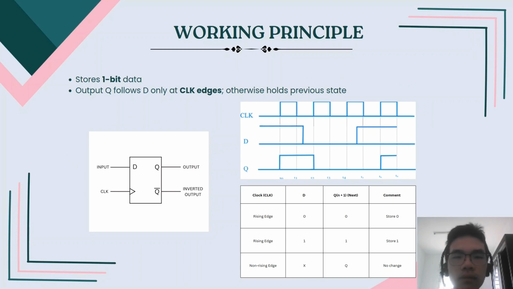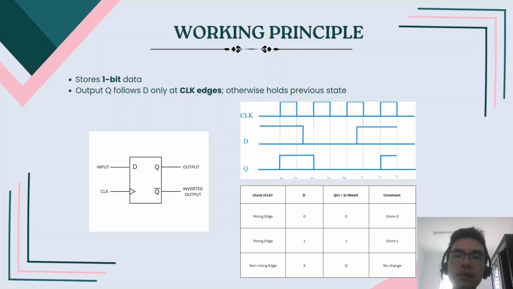A D flip-flop stores one bit of data and updates its output only on the rising edge of the clock signal. So at the rising clock edge, the D input is transferred to the output Q. Otherwise, the Q stays unchanged. You can see in the truth table, when the clock rises and the D is 0, the output becomes 0.